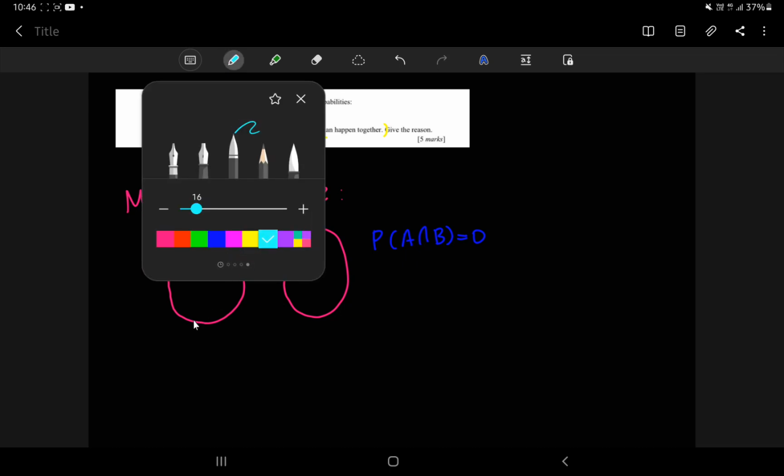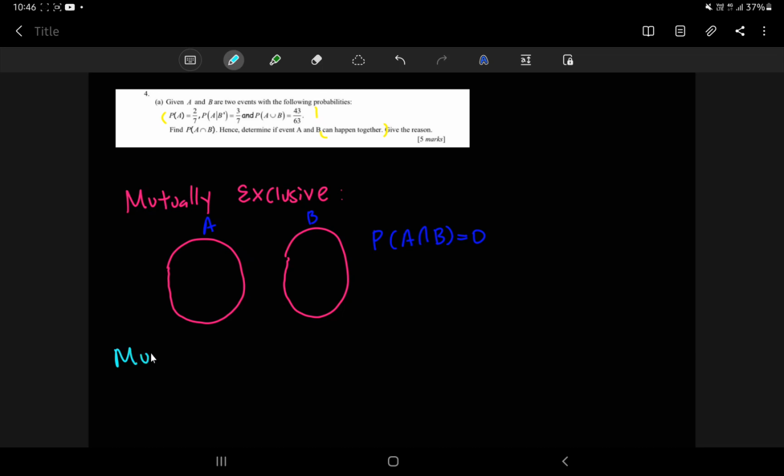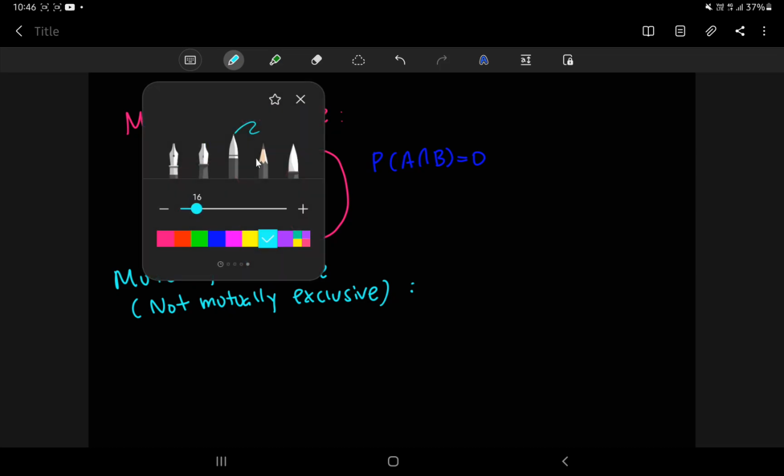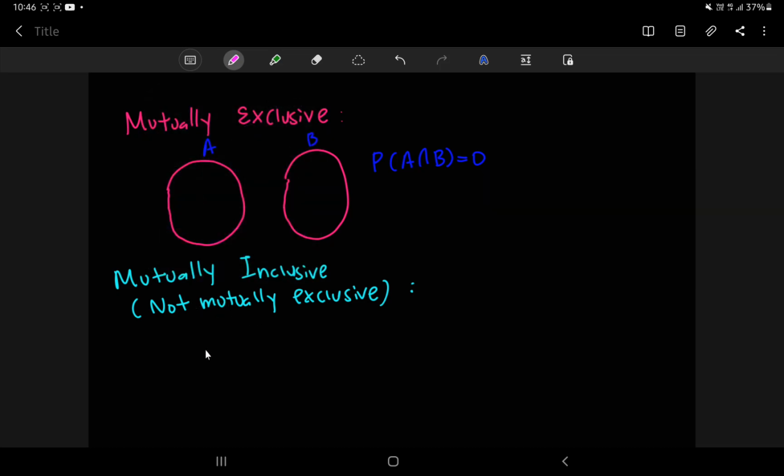But in the case of mutually inclusive, which means not mutually exclusive, the events A and B can happen together or simultaneously.